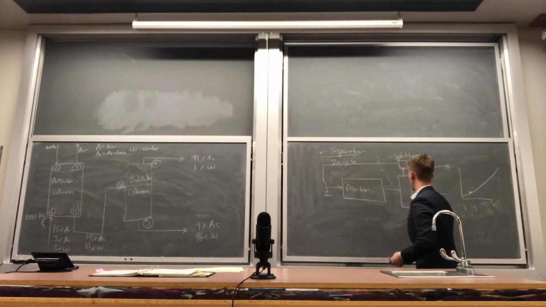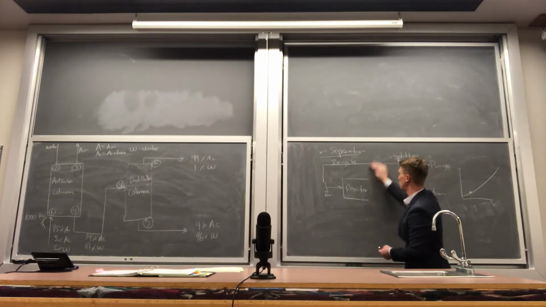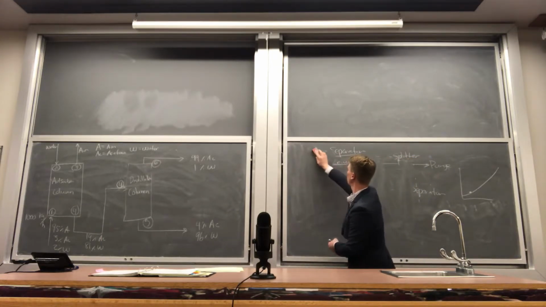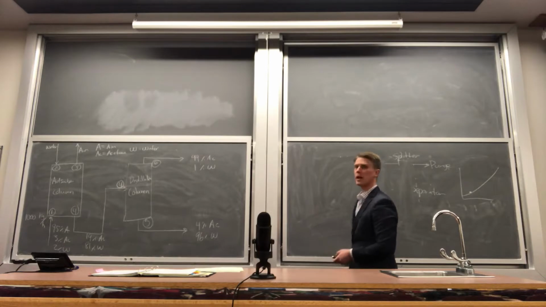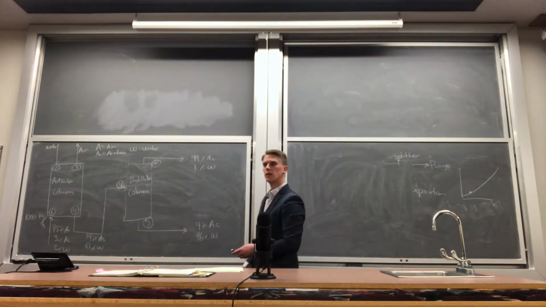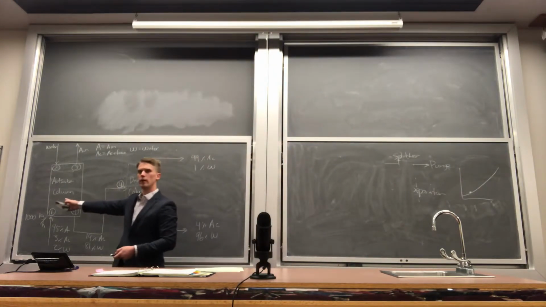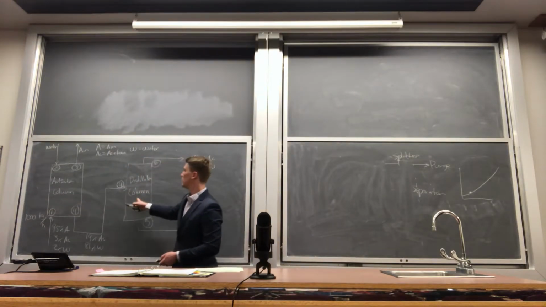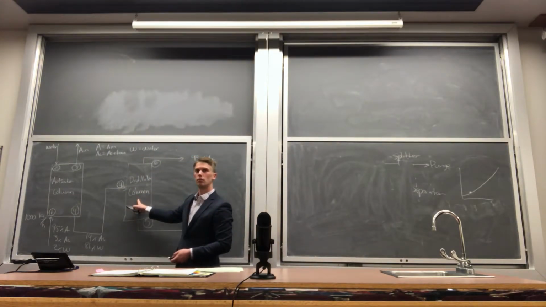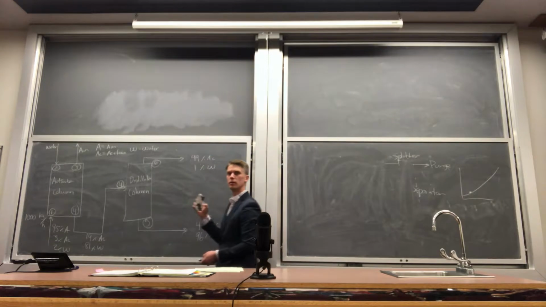How many different balances can we do, or how many unit operations can we do a balance over? So we've got the absorber as 1, distillation column 2, and overall balance 3.